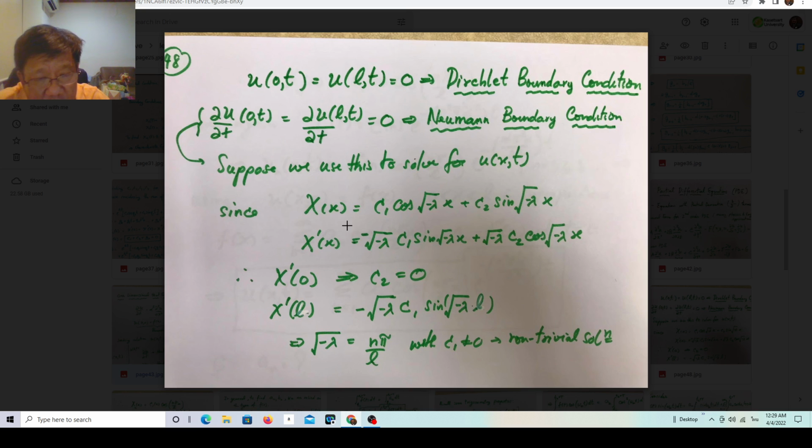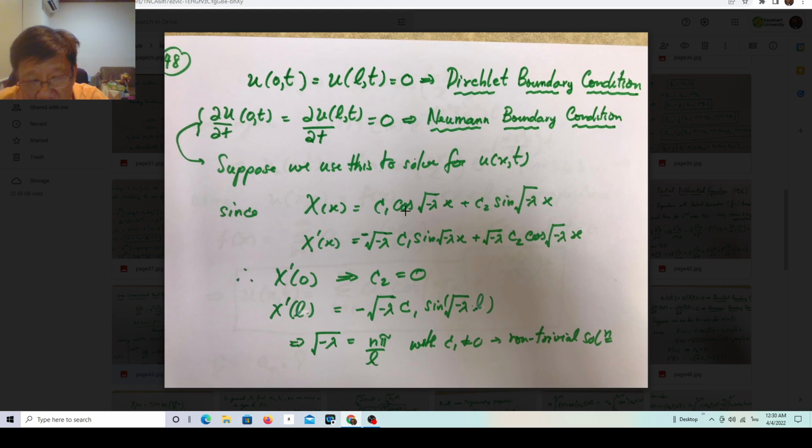We're going to go back to this resulting equation again, because this is X of x, remember from the previous analysis. But we're not using the Dirichlet boundary condition. We're going to use the Neumann boundary condition. You can see here that when you need to find the derivative of X of x, you can't ignore the term, because we don't use this condition anymore, so we use the full term. This is the first derivative of capital X as a function of x.